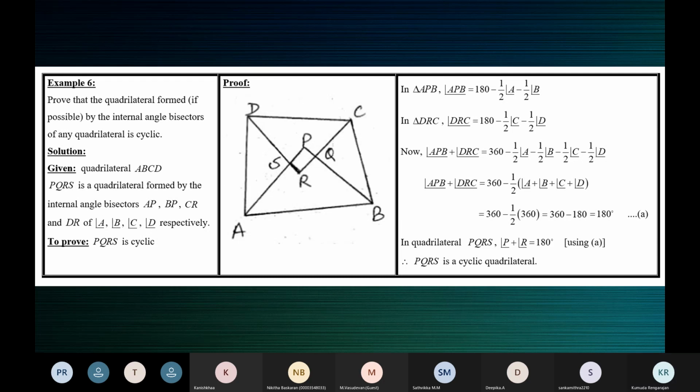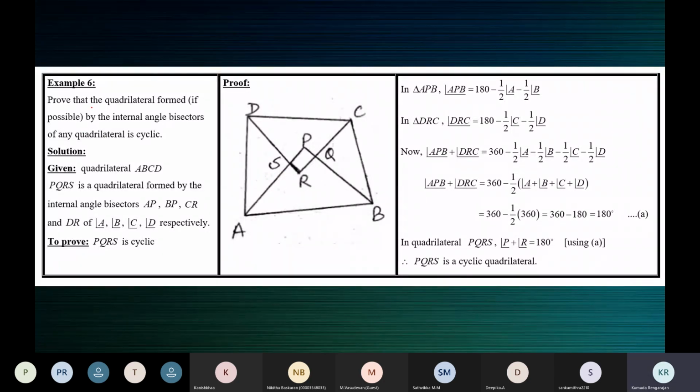All right. Continuing with circles. Example 6. Prove that the quadrilateral formed, if possible, because if ABCD is a rectangle or a square, no quadrilateral will be formed in the middle.